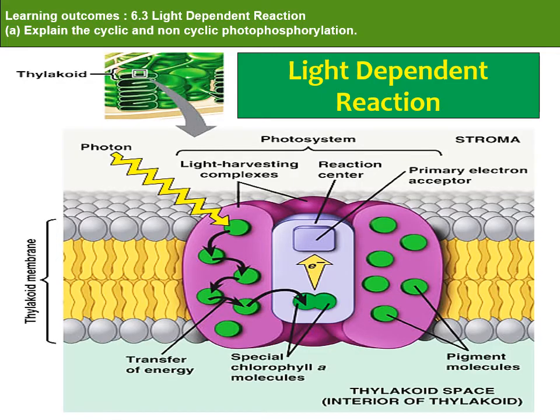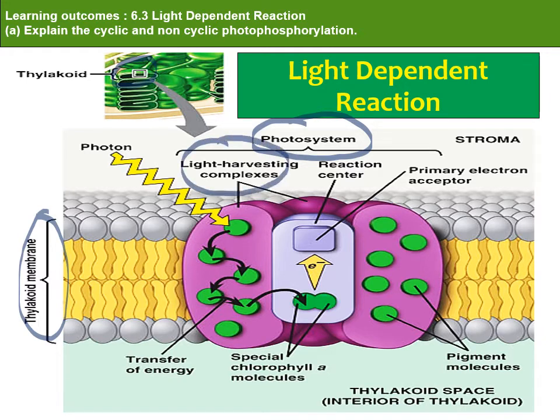This is the cross section. We make a cross section of the thylakoid to look at the detailed structure of the thylakoid membrane. In the thylakoid membrane there are photosystems. The structure we call a photosystem is a cluster of photosynthetic pigment molecules. One photosystem consists of the light harvesting complex.